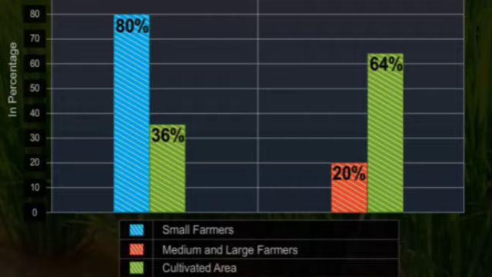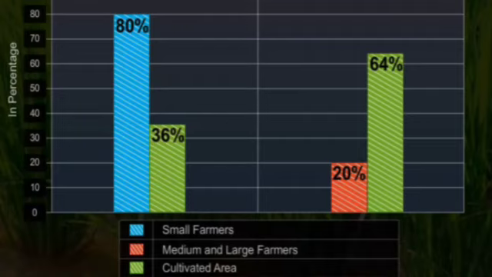The situation in Palampur reflects the general situation of land division across India, as shown in the figures. In these figures, you can clearly see that across India, 80% of the farmers are small farmers who cultivate only 36% of the total cultivable land in the country, in comparison to 20% of the medium and large farmers who own about 64% of the total cultivable land in India.